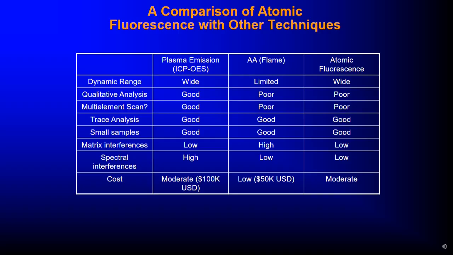Then qualitative analysis is good for plasma, but very poor in atomic absorption and also very poor in fluorescence. Then multi-element scan for plasma is good, but both AAS and atomic fluorescence are poor. Trace analysis for plasma is very good, and for the atomic methods they are all good. Small samples, all of them are good.